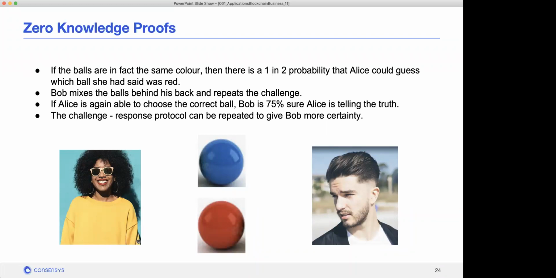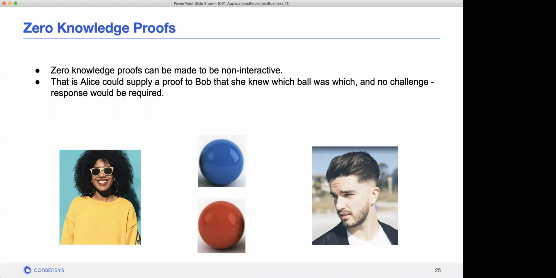And so you could continually repeat this challenge response, and Bob would have reasonable confidence that Alice was telling the truth, that these balls are in fact different. So zero-knowledge proofs can be made to be non-interactive. That would mean that Alice could just provide a proof to Bob about some sort of information without having to do some sort of challenge response.